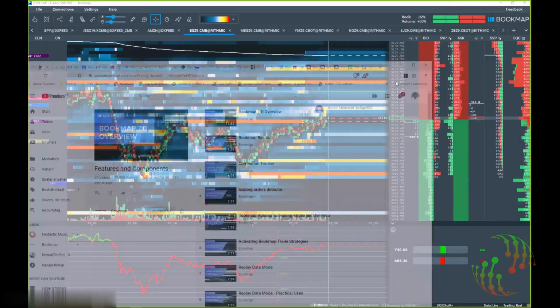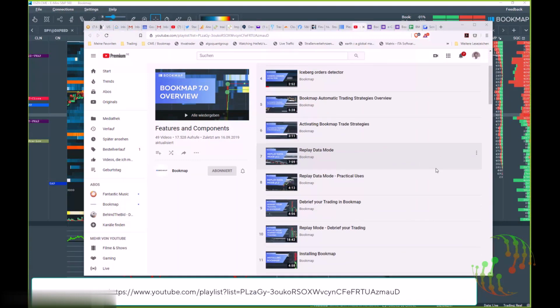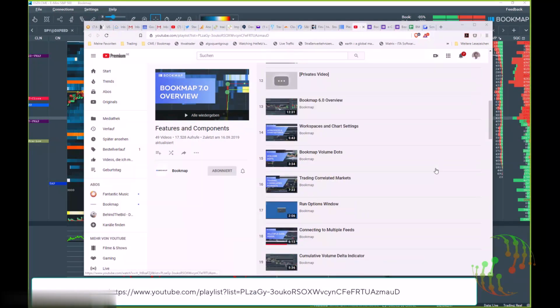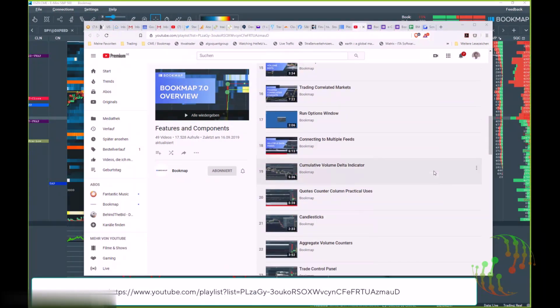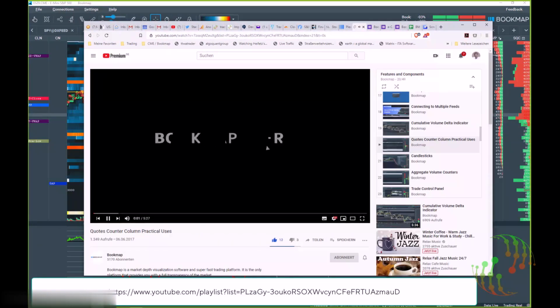I have put on the side on the presentation this link. This link is from my colleague Bruce Pringle, and he described in a few minutes features and components of Bookmap. And one of these features is quotes counter practical use.